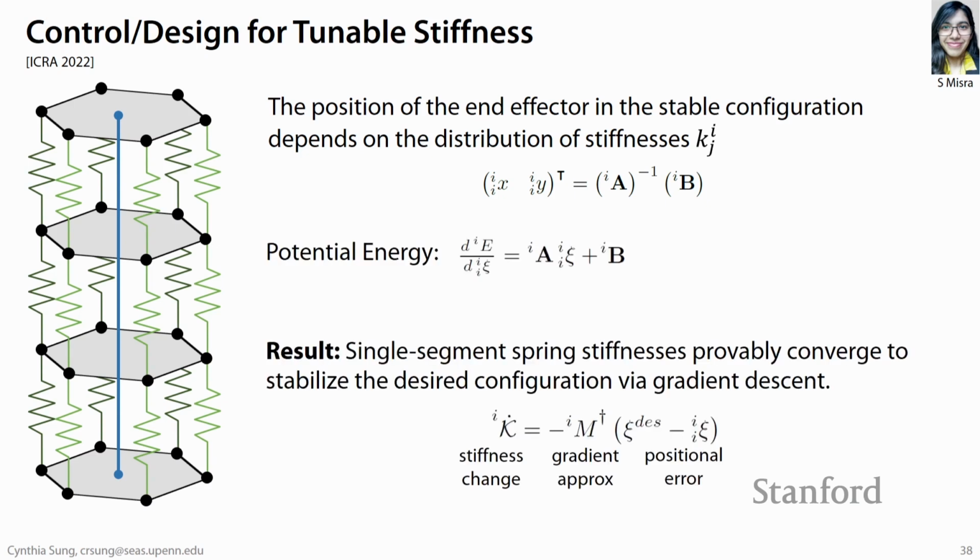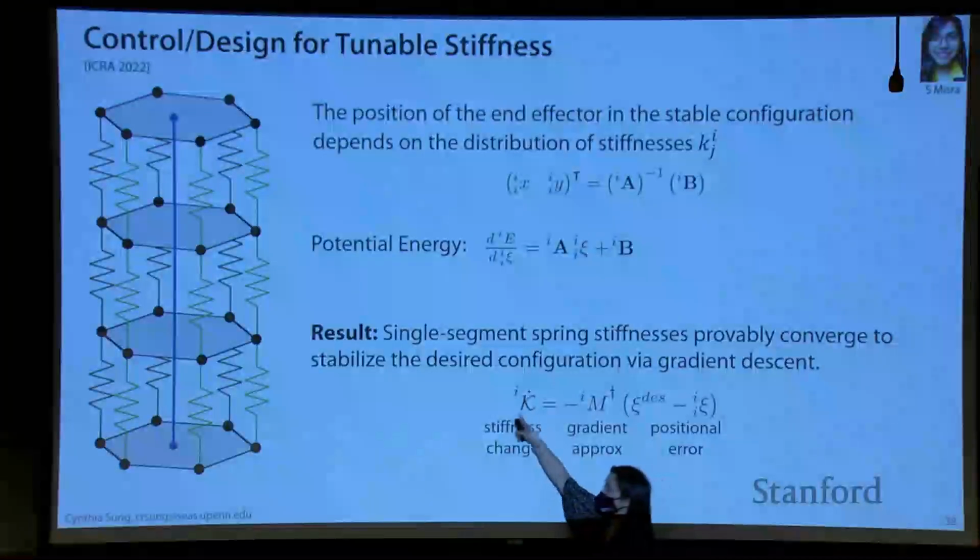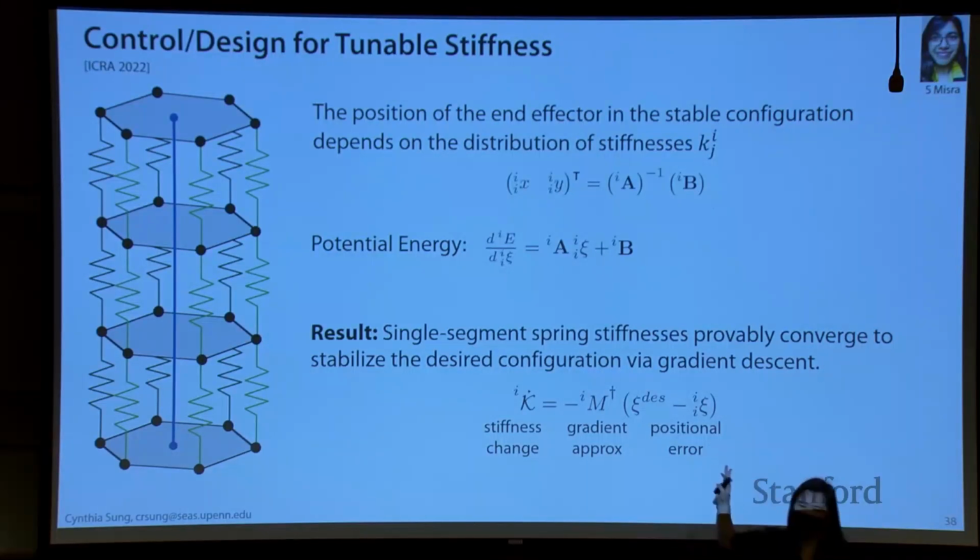And what we've shown is that for a particular serial manipulator, if you model it as a network of springs, then we can derive the forward kinematics of that structure. We can figure out how it deforms when certain actuation is applied. And if we want it to converge to a particular end effector position when a particular input is applied, then we can solve for the resulting distribution of stiffnesses, again, using gradient descent.